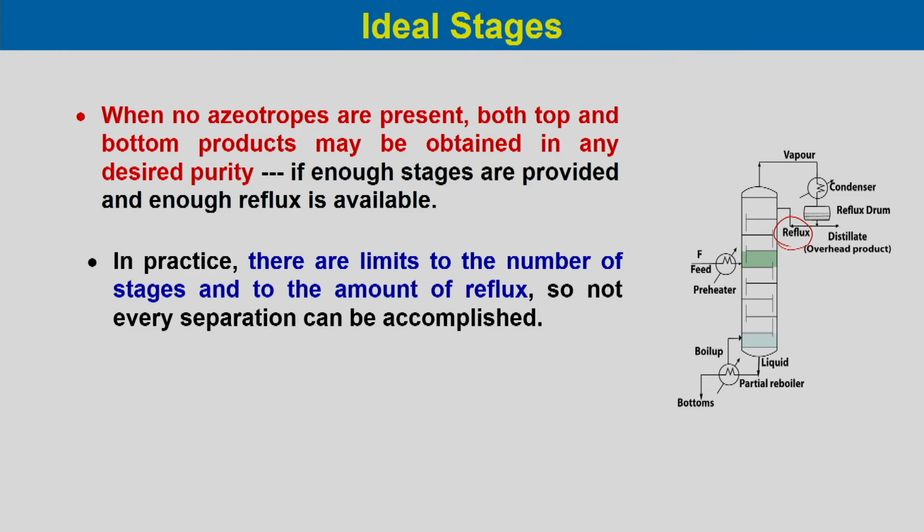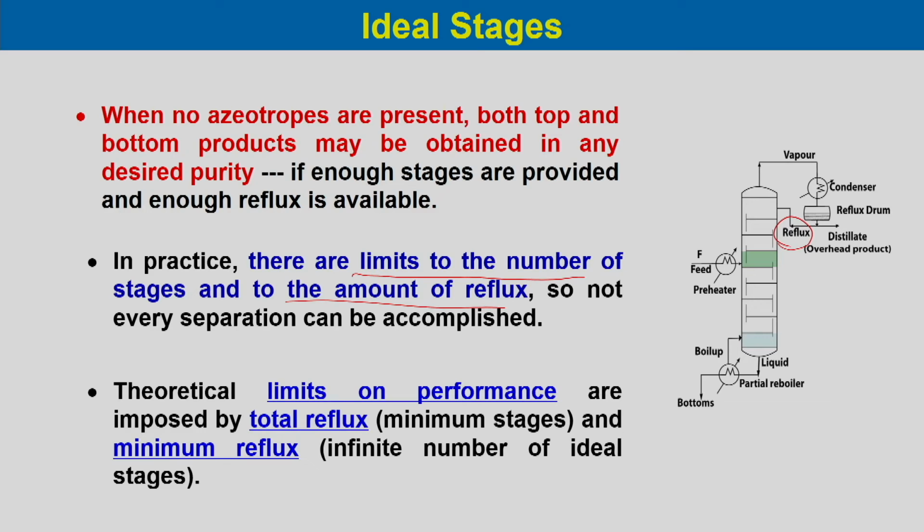In practice, there are limits to the number of stages and to the amount of reflux. So, not every separation can be accomplished. Because of these design limits on the number of stages and the amount of reflux you can vary, you may not be able to apply the distillation process for every separation.